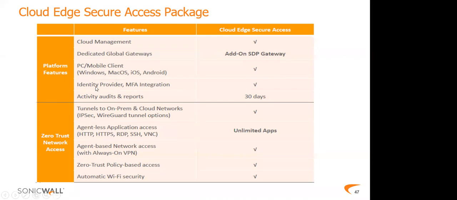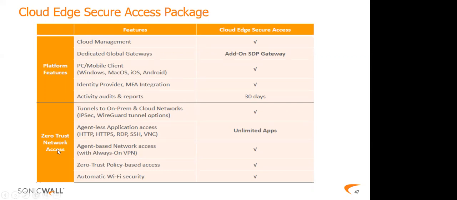They also provide identity provider and MFA integration, and activity audit logs and reports that last for 30 days. For the gateways, you can add many, maybe 2, 4, or more, depending on the requirement, the location, and the users in your network.